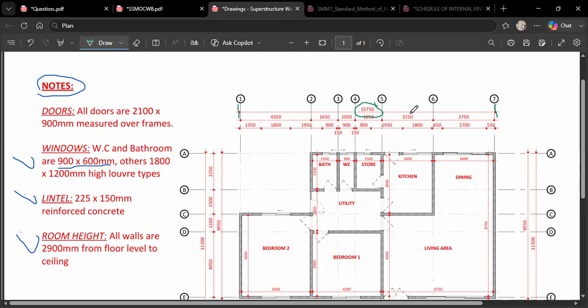But these dimensions here are in millimeters. In SMM 7, we can divide by 1,000 to make it quite easy. So 15,750 divided by 1,000, you're going to get 15.75.